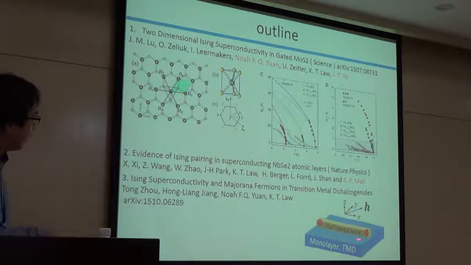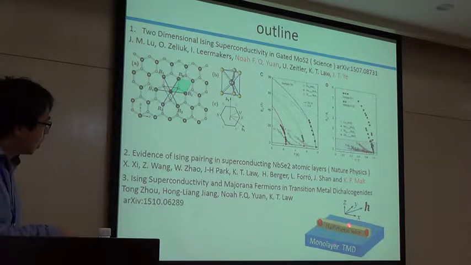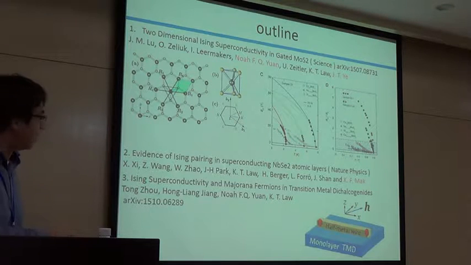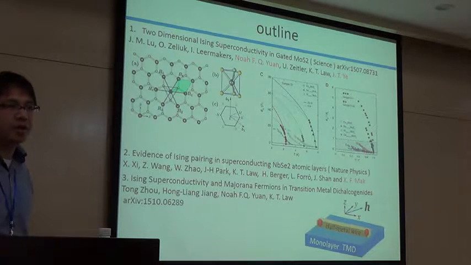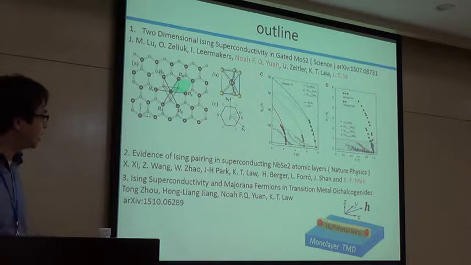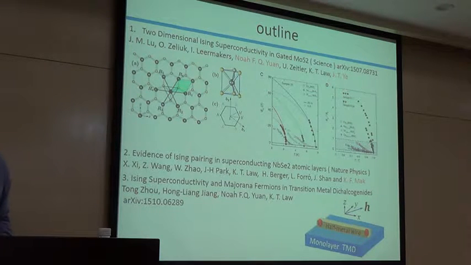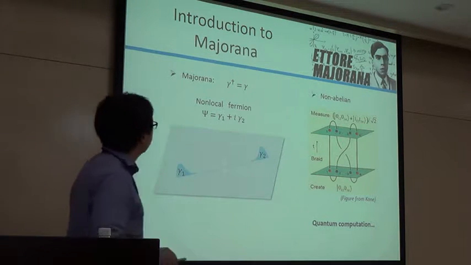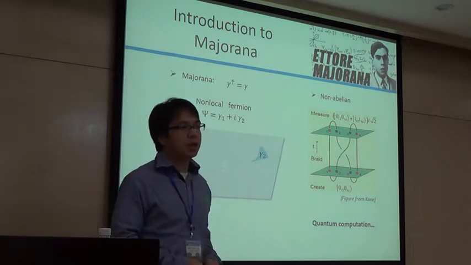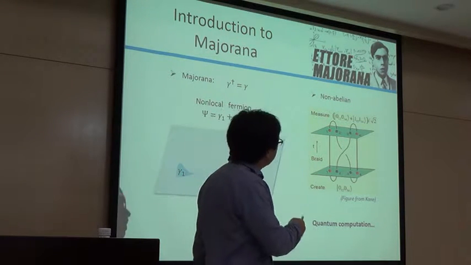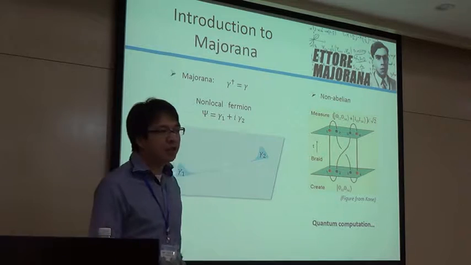But before that, I will talk about some history, why Majorana fermions are so important, and why this material can help. So we come back to the Italian physicist Majorana.